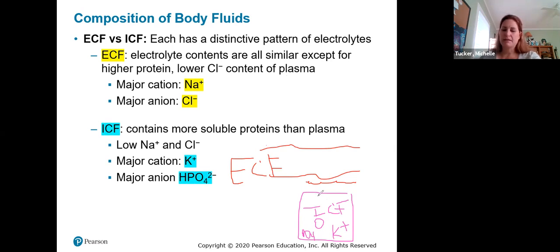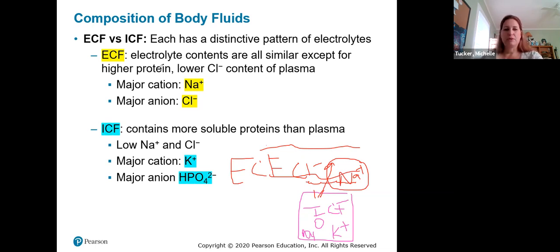With that pump, we get 3 sodium out and 2 potassium in. Then potassium can somewhat equilibrate through leak channels, but we definitely get a buildup of sodium in the extracellular fluid. And then to balance sodium, chloride follows. There are channels for chloride as well.